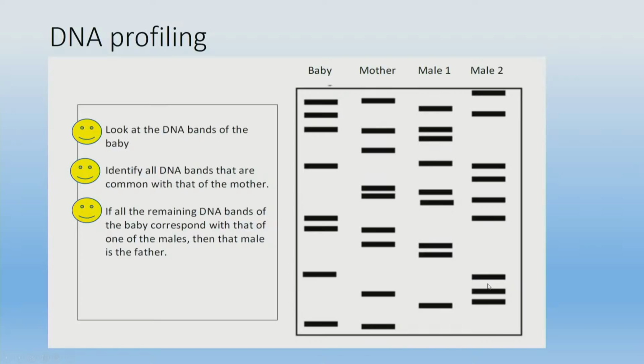And now the answer is very important. In this case, we are going to say that the remaining DNA bands of the baby that are not corresponding with the mother's DNA bands, all of them correspond with the male 2 DNA bands. So all the baby DNA bands must be either from the mother or from the father.